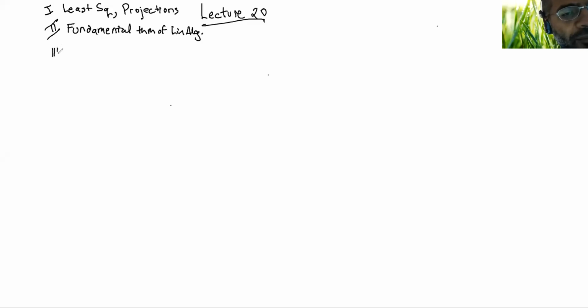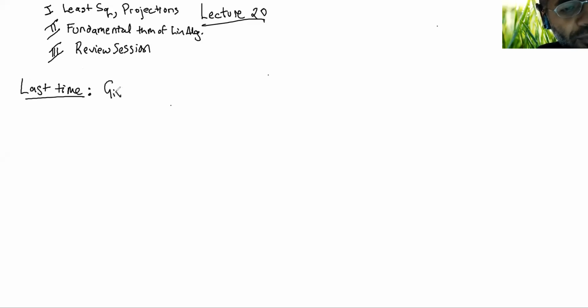And then finally, I'm going to do a mini review session. Okay, so what was least squares? Last time we introduced this notion of a least squares solution to a linear system.